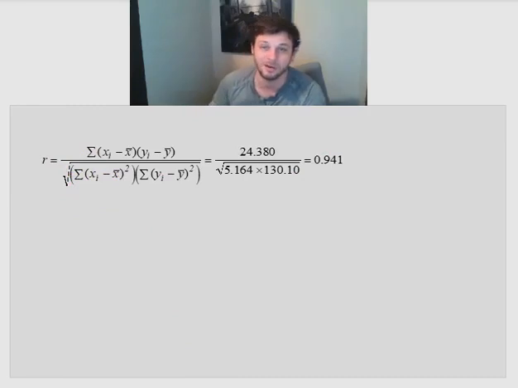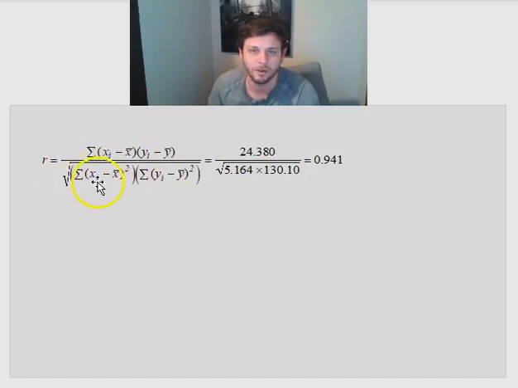Again, remember, R is always going to end up somewhere between 1 and negative 1. So here, again, x minus the x mean, y minus the y mean, multiply those together, add them all up, you'll get 24.38.